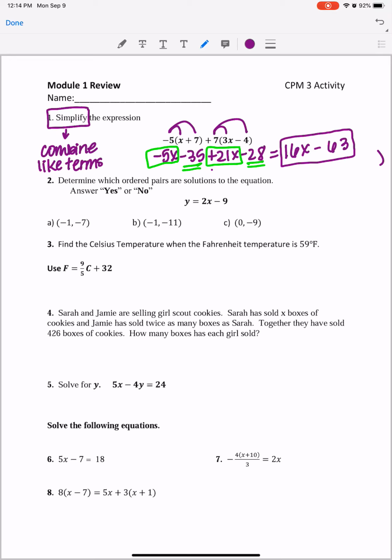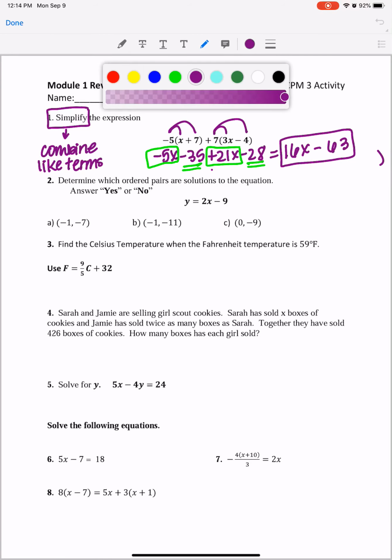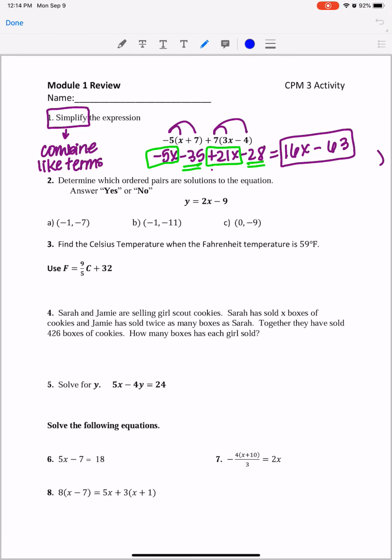All right, on number 2, we're deciding which ordered pairs are solutions to the equation. We're going to write yes and no. So on A, this is your x and your y.